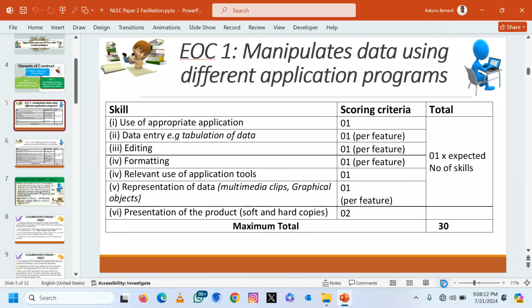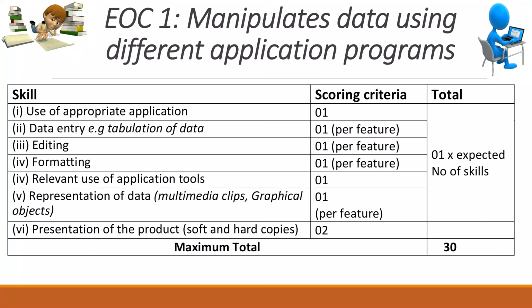For example, while attempting item 1, we are looking at a learner manipulating data using different application programs, and therefore what we consider is use of an appropriate application, data entry if the learner has done tabulation of data, editing of the data, formatting, use of relevant application tools, then representation of data to use multimedia clips, graphical objects, etc. And at the end of it all, a learner should present the product in soft copy and hard copies.